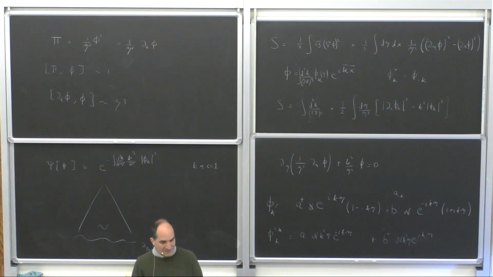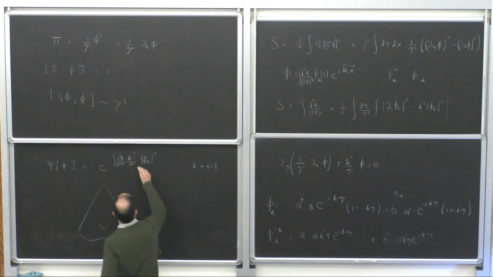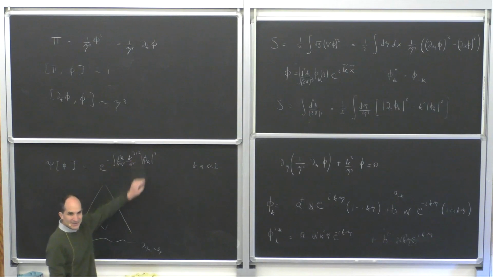Even for the experimental result I mentioned, for example, the running of the spectral index, that is based on the assumption, a prior, that we have some distribution with a power law, and then you determine the power of k. The running of the spectral index is whether there is some extra power.